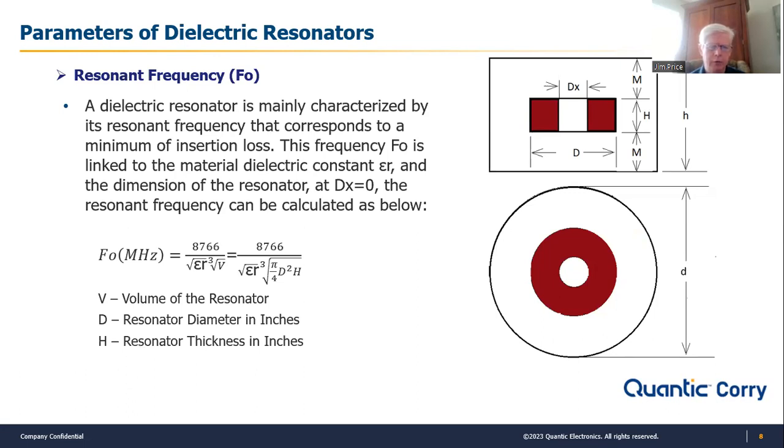So if the resonator is made out of a dielectric material of about 36, the square root of that is 6, what that means is that the dielectric resonator height is going to be about 6 times shorter than a metal rod would be. So you do get the smaller size when you use these dielectric resonator filters. If you wanted to do the same thing with metal, you would be several times larger. If your dielectric constant's 30 or 36, you'd be 5.5, 6 times shorter with the dielectric resonator than you would be with the metal rod.